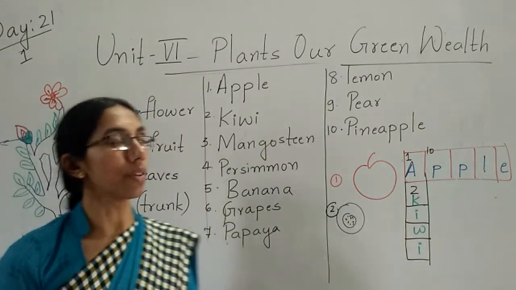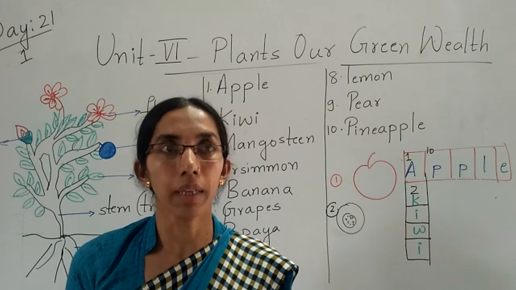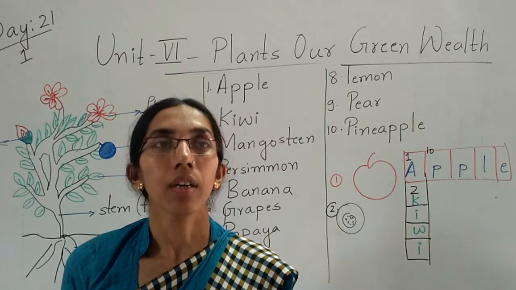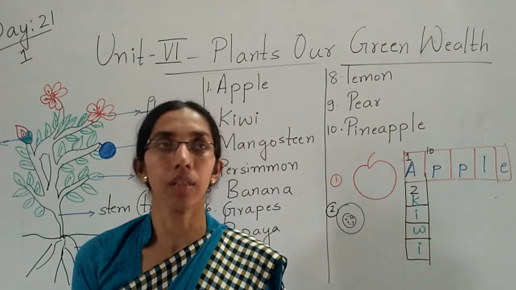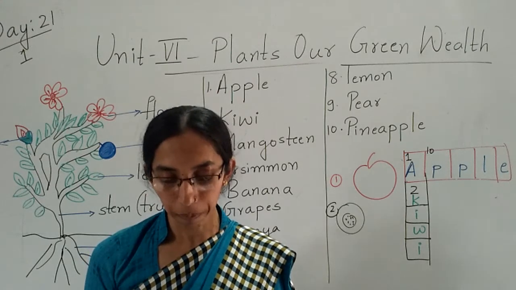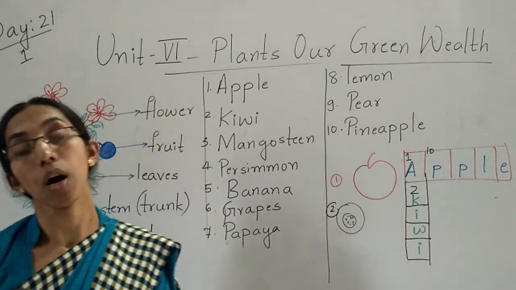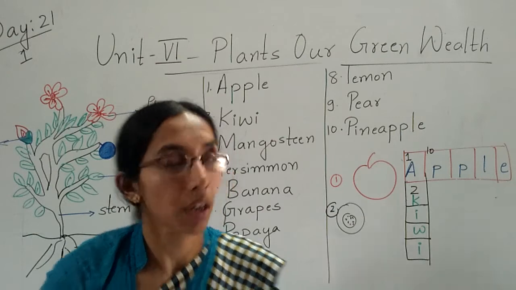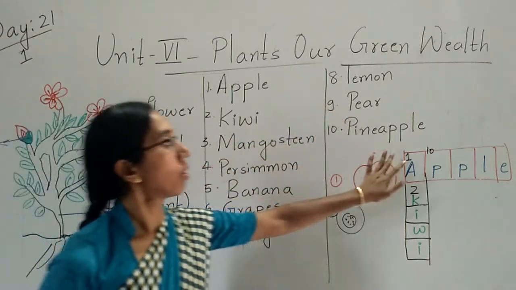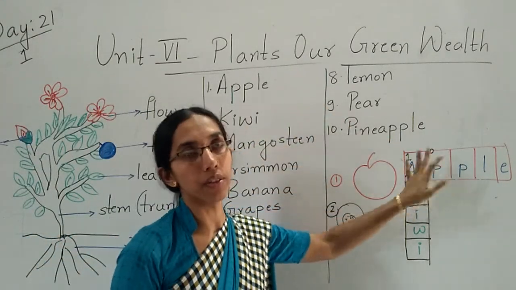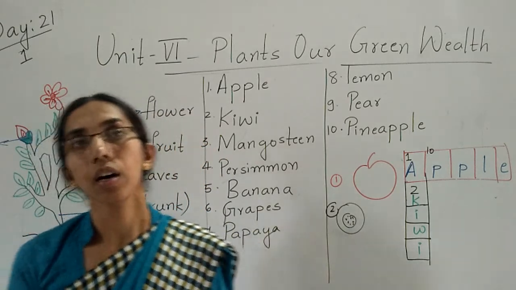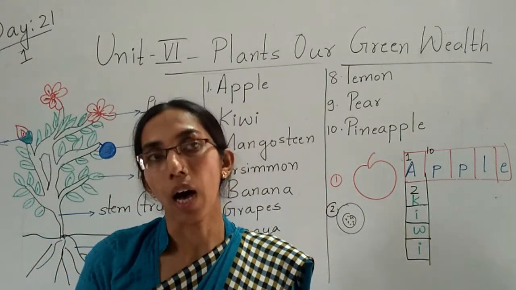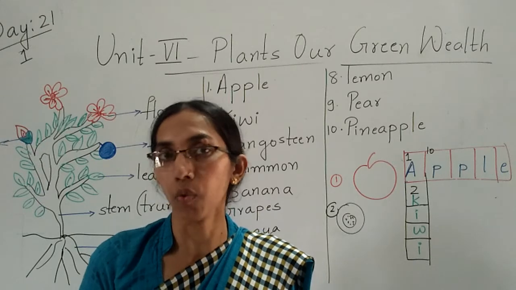So all these vegetables I have mentioned in this worksheet. Clear, children? So all these things you have to do yourself. The same way I showed how to fill the fruit, you have to fill the vegetables also. Clear, children? You will do now?